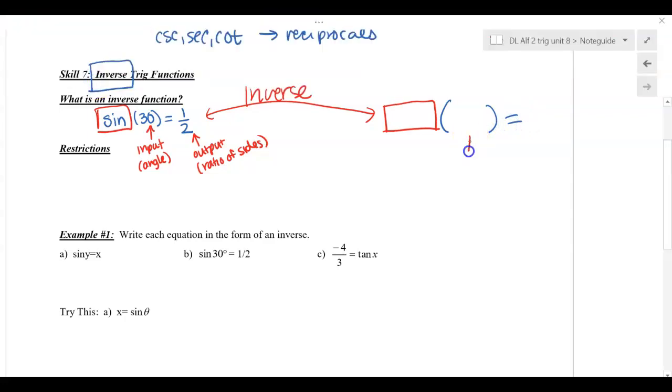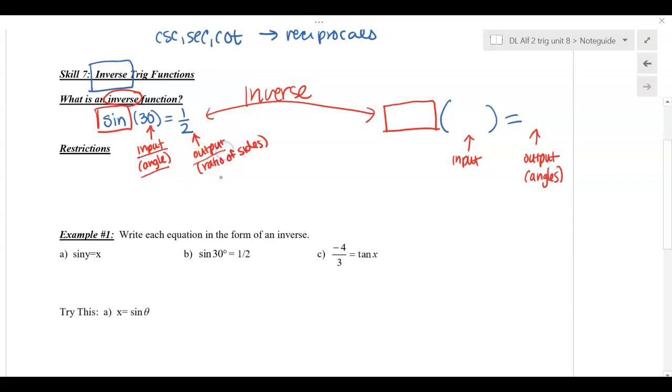The difference is that what's considered the input and the output of this function, based on the fact that these are defined as inverses, they should switch. So over here, my input was an angle, then I expect the inverse function to have output values that are angles. I don't expect to put an angle into an inverse function. I expect to put something else in and for it to give me out an angle value.